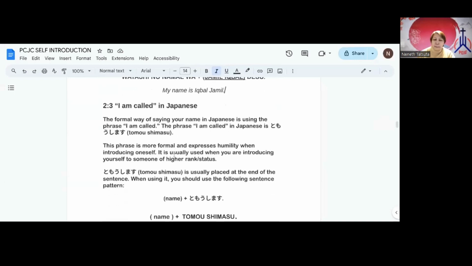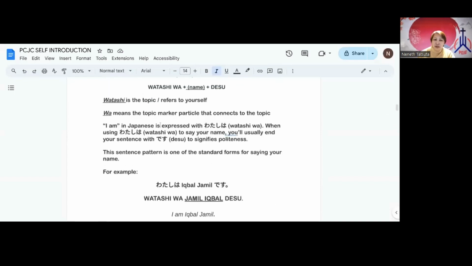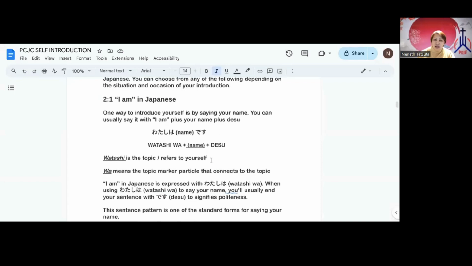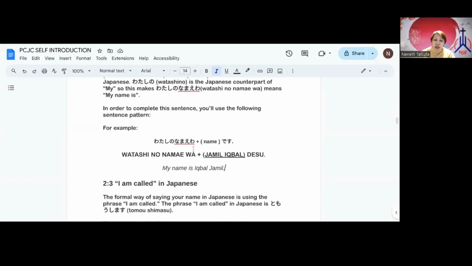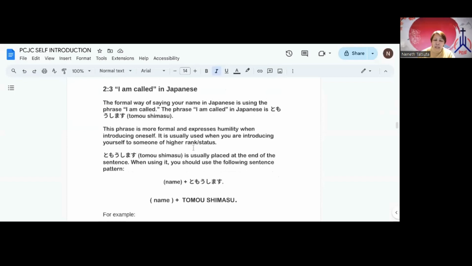Another one: I am called, in Japanese. This one is more polite than "my name is" or "I am". This phrase is more formal and expresses humility when introducing yourself.